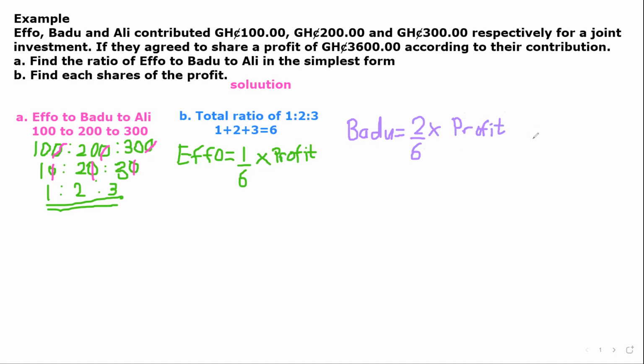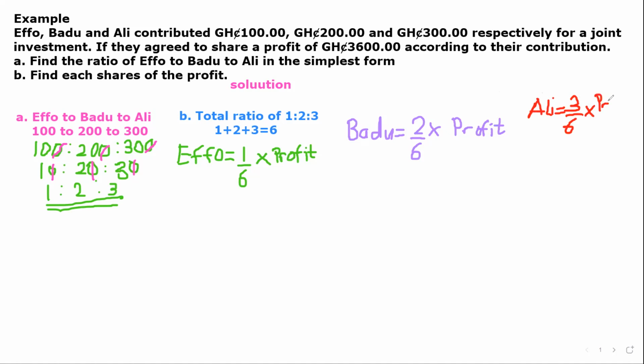Good. Then you take Ali. So Ali's part of the profits, or part of the total ratio, is 3 out of 6 times the profits.